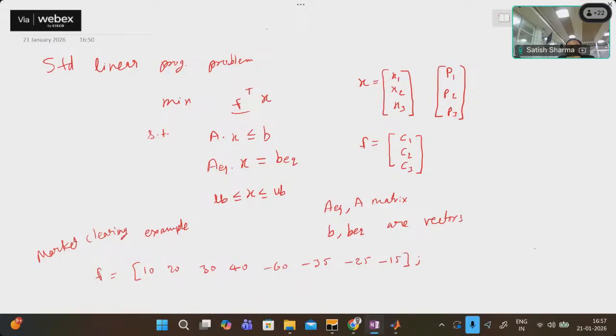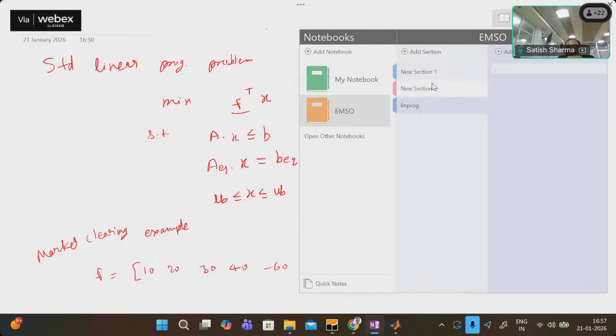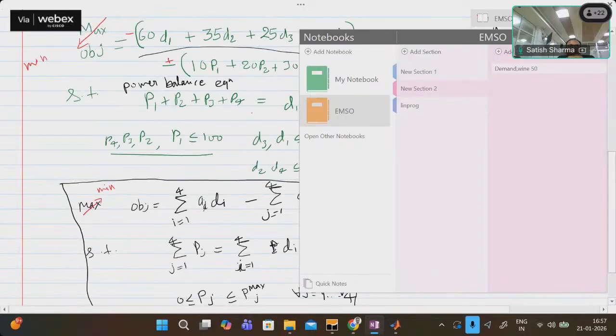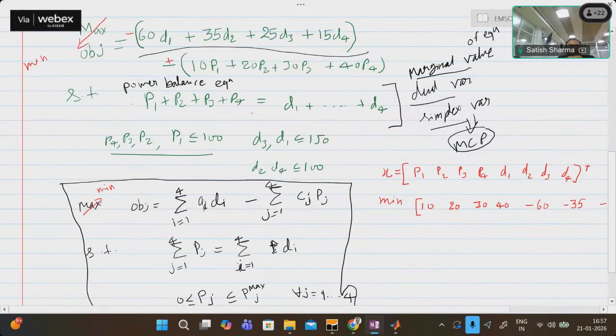This is my f. Then we have inequality constraints. So A and b need to be supplied, but in our problem here, we don't have any inequality constraints because we only have one equality constraint. So this is our equality constraint, and these are limits. We don't have any inequality constraints.